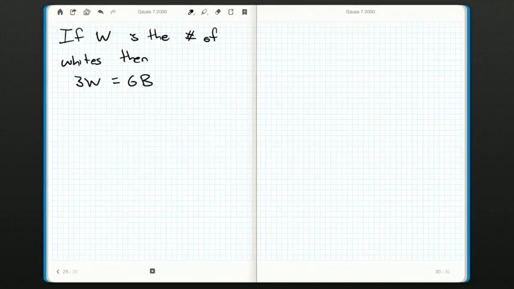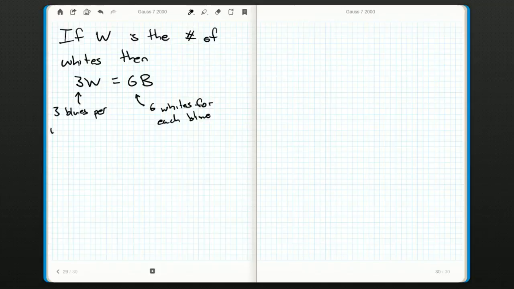So when we count around each white tile around a blue, so 6 whites for each blue, and this 3 comes from the fact that there are 3 blues around each white. Each blue is going to count that white tile once. So that means each white is counted 3 times.